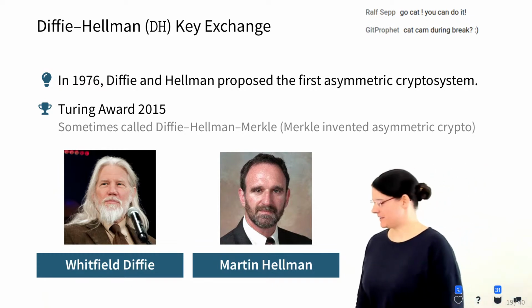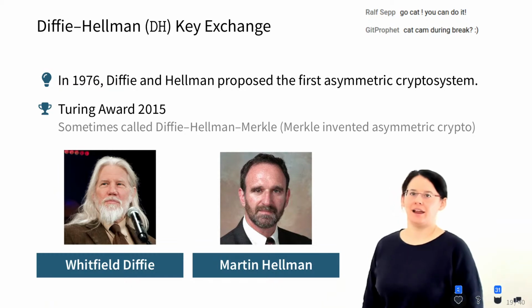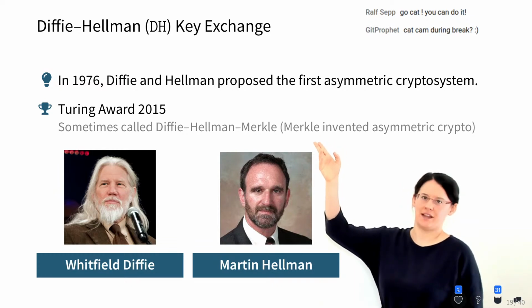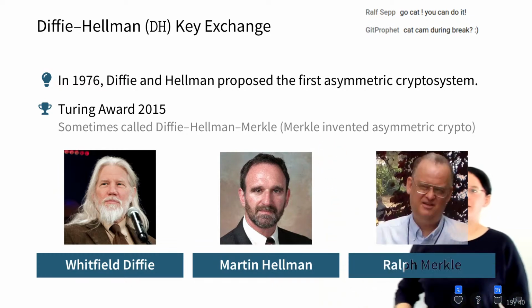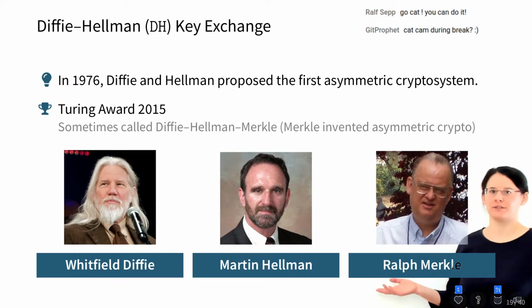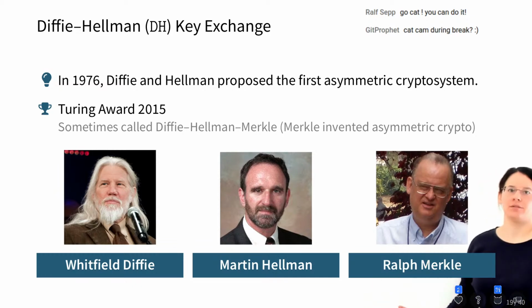The scheme is also sometimes called the Diffie-Hellman-Merkle scheme. You might remember the name of Merkle from Merkle-Darmstadt, so he also did hashing. This is because he also introduced for the first time the concept of asymmetric cryptography. While he wasn't involved in this particular scheme, he was very much responsible for triggering research in asymmetric cryptography.